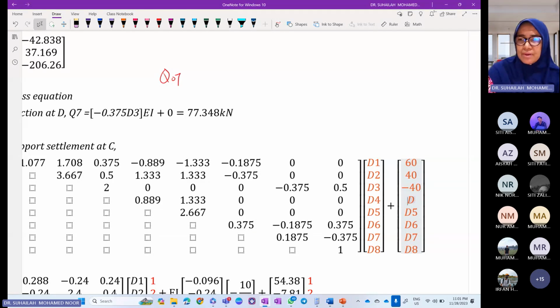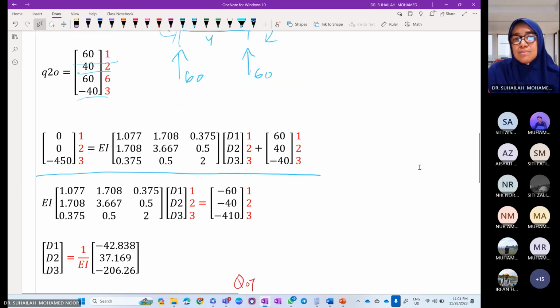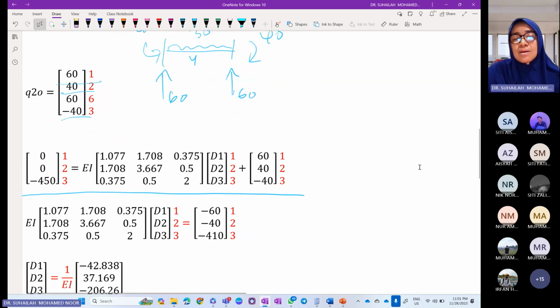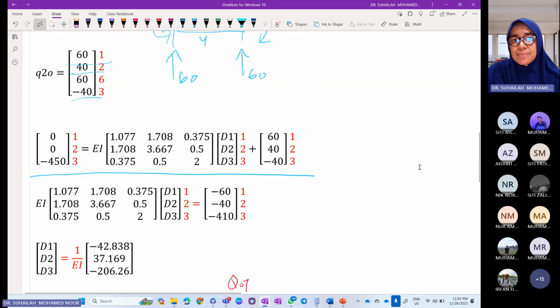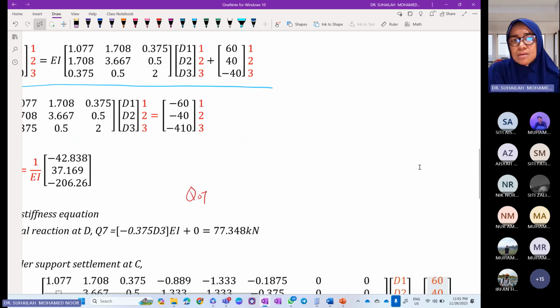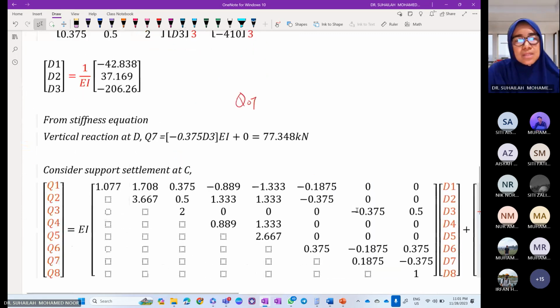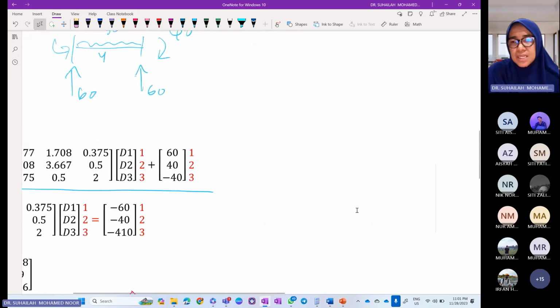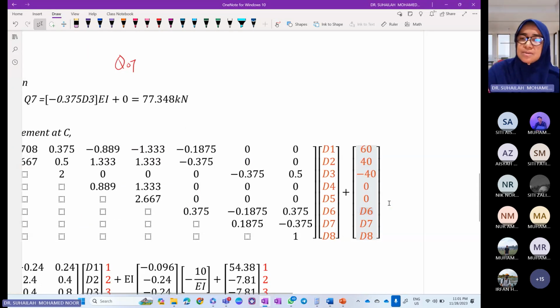Lepas tu 5, 0 value, 4, 5, 0 value. This is the thing that you should be able to imagine. Benda ni, kalau you tak nak imagine, susah lah. 6 is 60. This is 60.